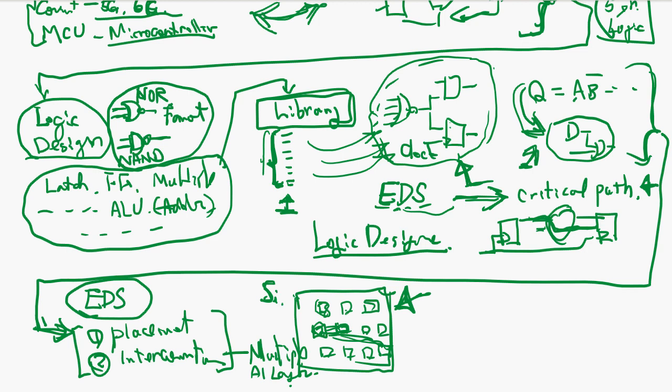Maybe the error is one wire is driving so many gates, a fan-out violation, then you have to replace this kind of thing, and you have to think about how to distribute the power, optimal power distribution. So there are many things you have to consider at the physical layout side, but the placement and the interconnection are going to be done automatically based on the logic design file.